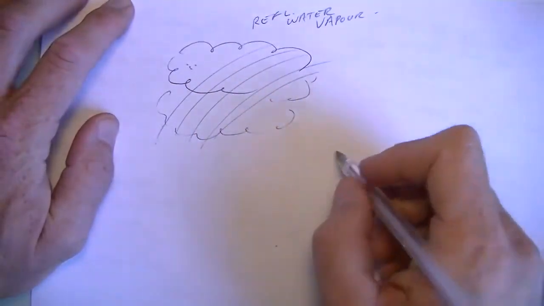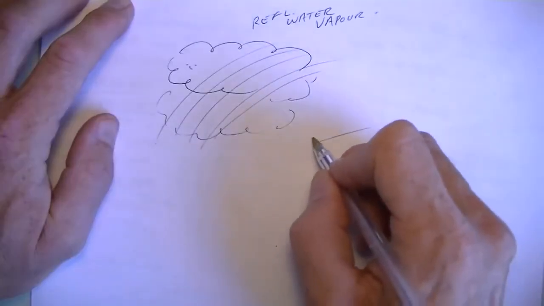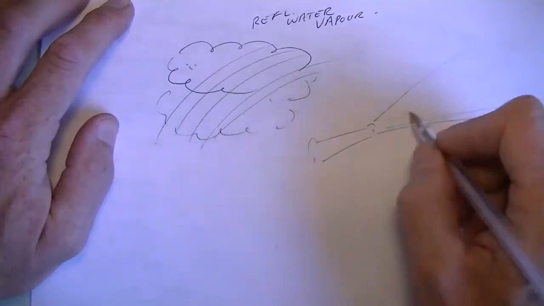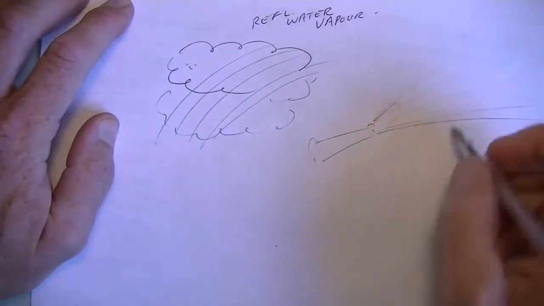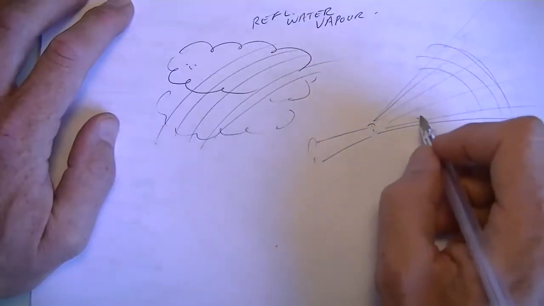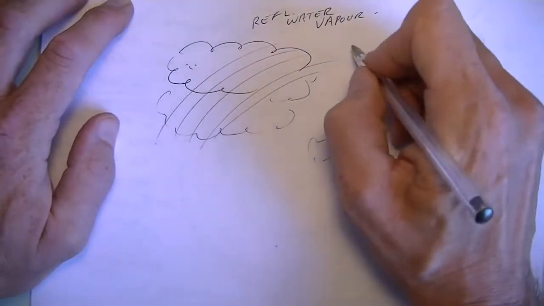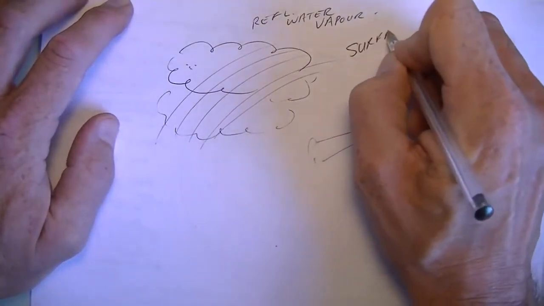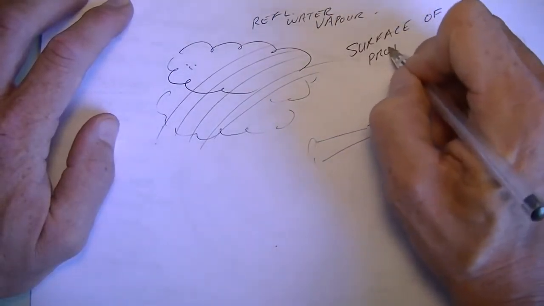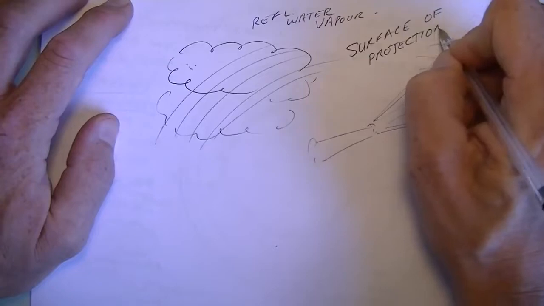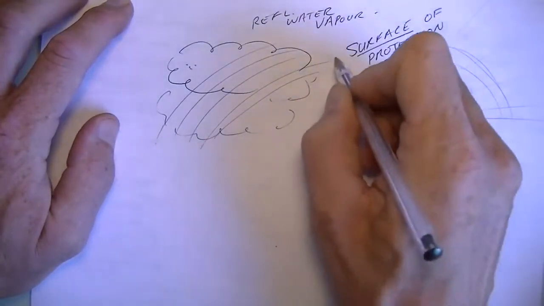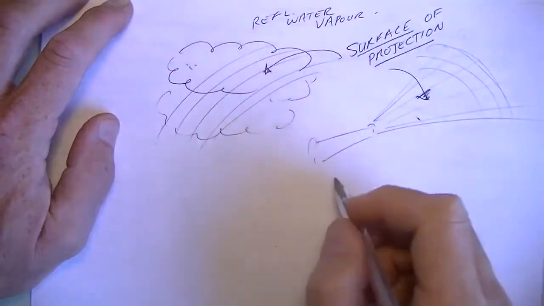Same thing with a garden hose. If you're holding a garden hose, okay? You're spraying out the spray. That's not the origin of the rainbow. The reflective water is just the surface of projection.